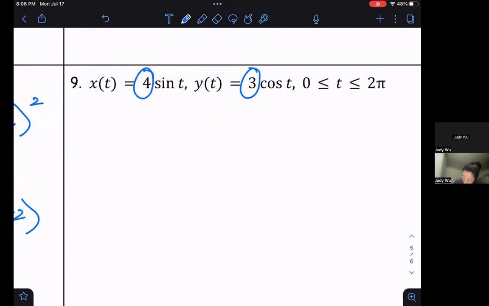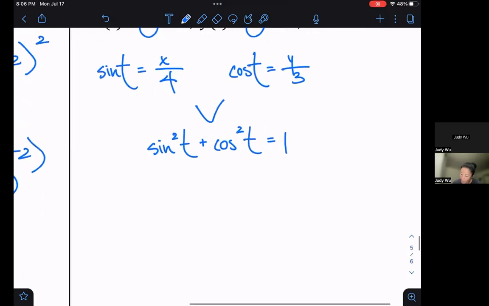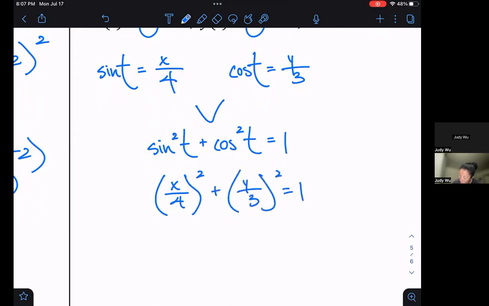So sine t equals x over 4. Cosine t equals y over 3. And I'm going to plug those into my sine squared t plus cosine squared t equals 1. And I'm going to end up with x over 4 squared plus y over 3 squared equals 1.